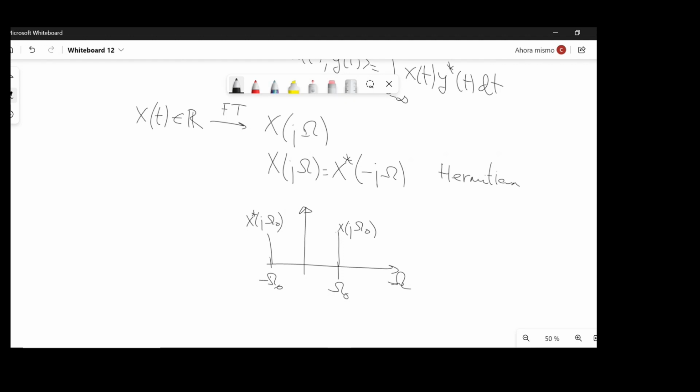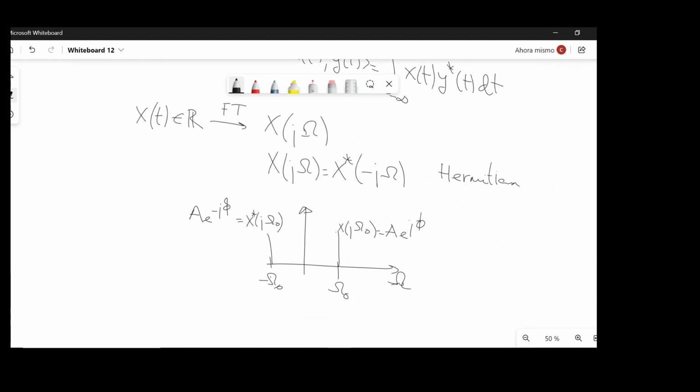This one must be the complex conjugate of that. So if this is some amplitude and some phase, this is the same amplitude and minus that phase. So the amplitudes are the same and the phases are the opposite.